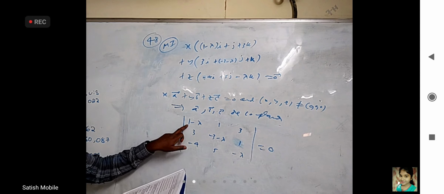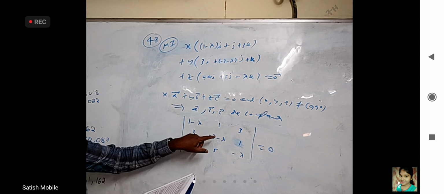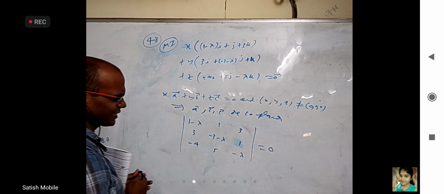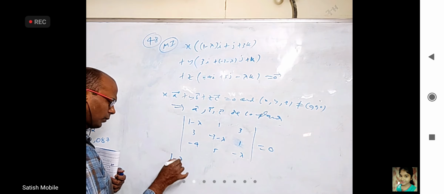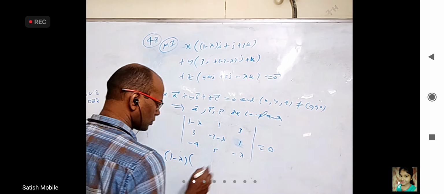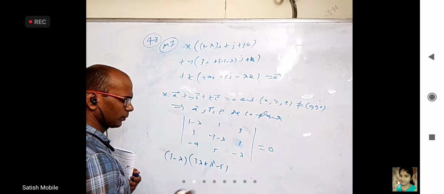1 minus lambda here, minus 3 minus lambda here, and minus lambda, 1, 3, 3, 1, and minus 4, 5. Okay. I am going to just expand normally without using any properties here. You can also just expand. This is 3 lambda plus lambda square minus 1.